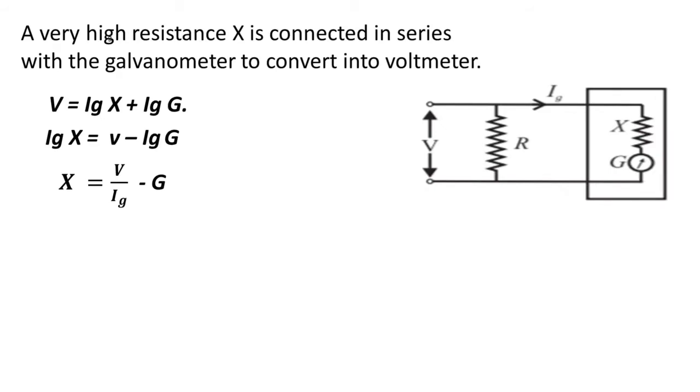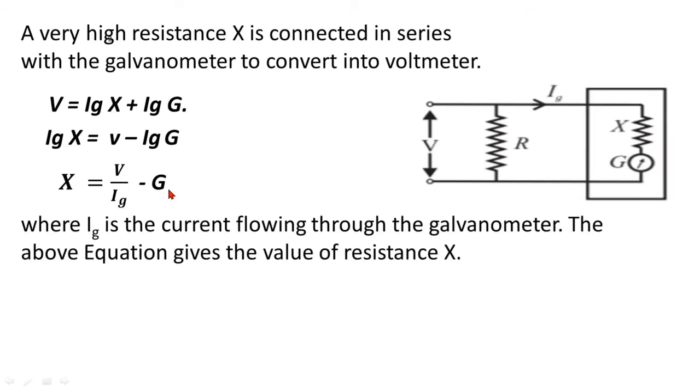Therefore, rearranging this equation, X = V / Ig − G, where Ig is the current flowing through the galvanometer. The above equation gives the value of resistance X. The resistance X, that is the high resistance, should be connected in series with the moving coil galvanometer so as to convert it into a voltmeter.